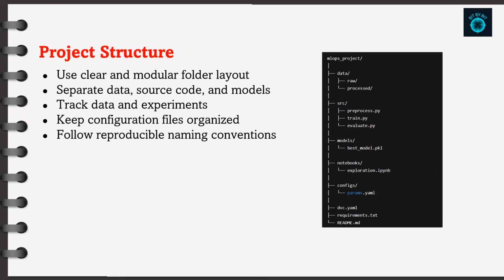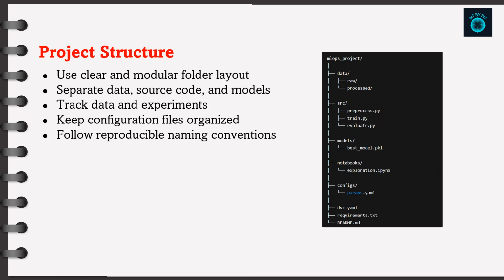The configs folder keeps configuration files, such as YAML settings for pipelines or hyperparameters. The dvc.yaml file defines data and pipeline stages if you're using DVC. And finally, the requirements.txt file lists all dependencies for easy setup. Keeping this structure modular helps with version control, collaboration, and automation in CI/CD pipelines.